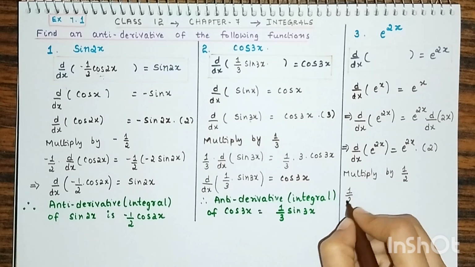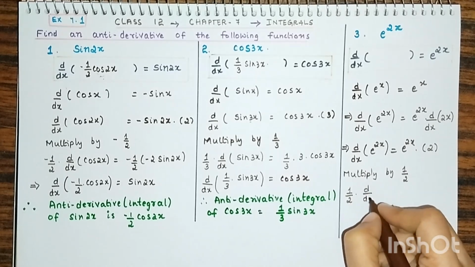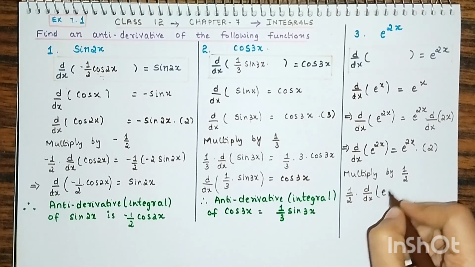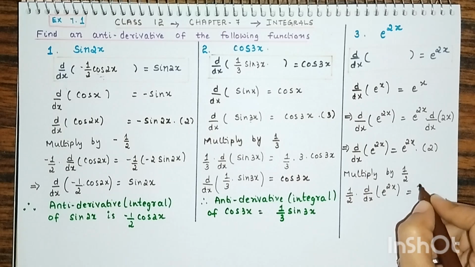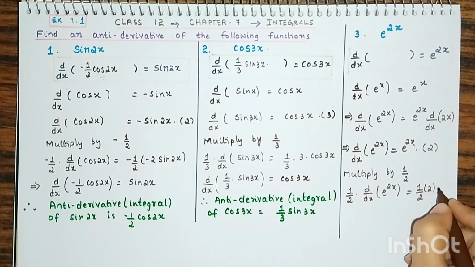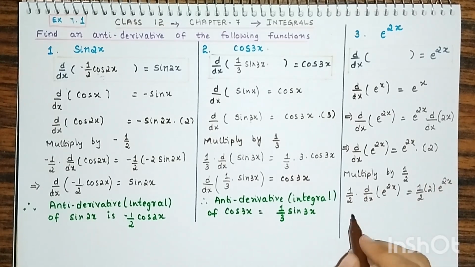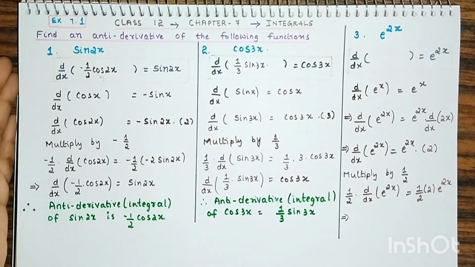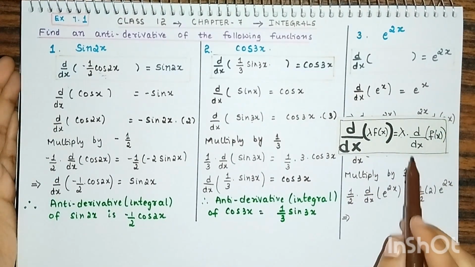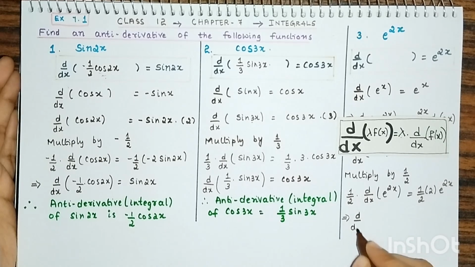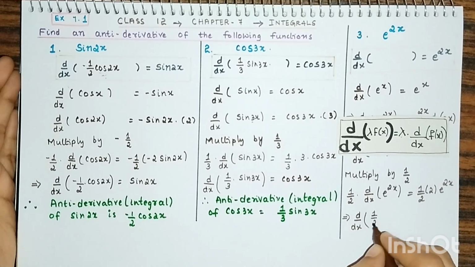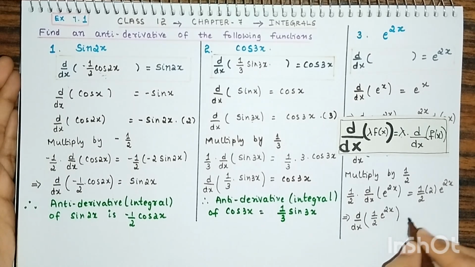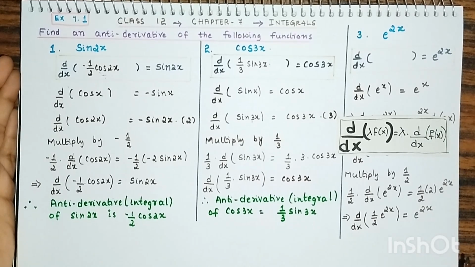So if you multiply by 1 by 2, you will get 1 by 2 into d by dx of e to the power 2x is equal to 1 by 2 into 2 e to the power 2x. So this implies, when you have constant into derivative of the function, how do you write it? d by dx of 1 by 2 into e to the power 2x is equal to 2 by 2 is 1. So we are left with e to the power 2x.